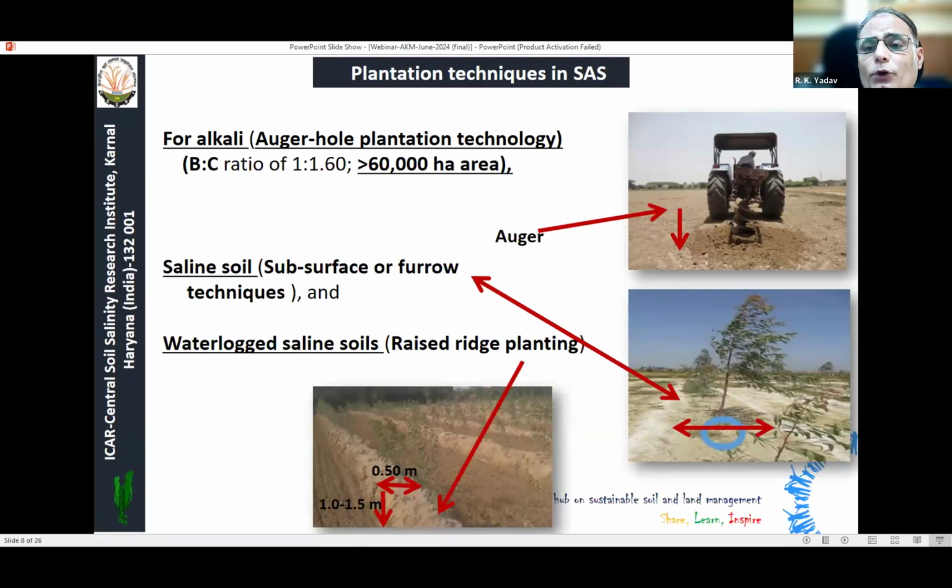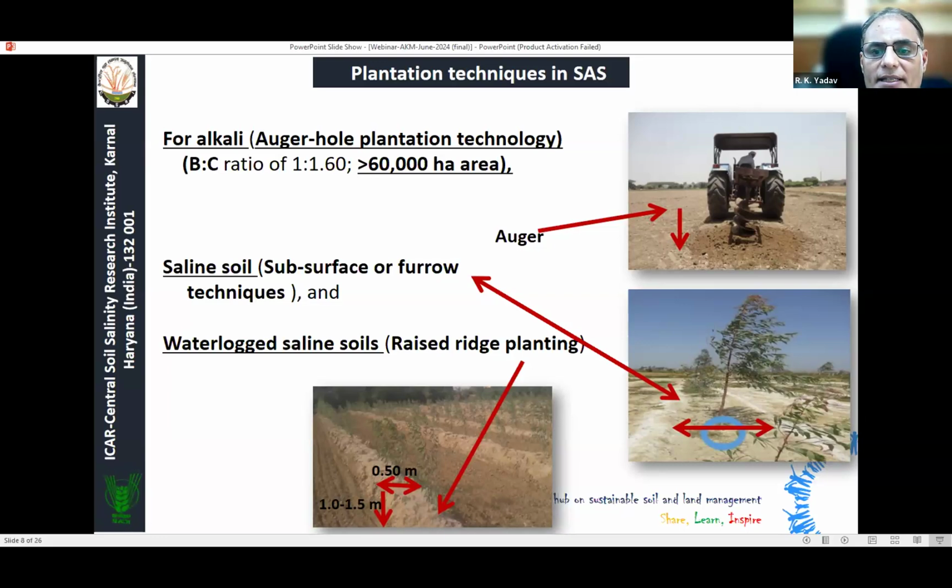So as far as forestry is concerned, we devise the plantation technologies depending upon the type of the salt-affected soils. So mainly we have three categories. One is the alkali or sodic soils. For that, we have developed the auger hole techniques, and with this technique, we have reforested or afforested 60,000 hectare area. And the benefit cost ratio of this is 1:1.6.